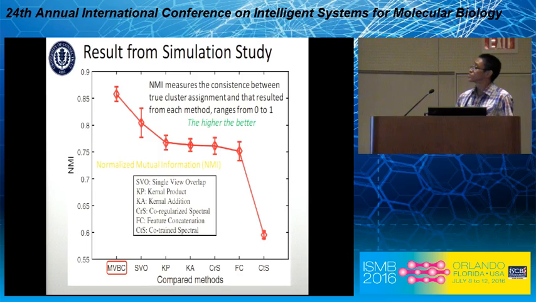NMI stands for normalized mutual information, and this NMI measures the consistency between the true clusters and the clusters resulting from each method, which ranges from 0 to 1. The higher the NMI is, the better the consistency is, and the better the method is. The x-axis shows all the methods, and the y-axis is NMI. Our method, labeled MVBC, clearly outperforms all other compared methods.